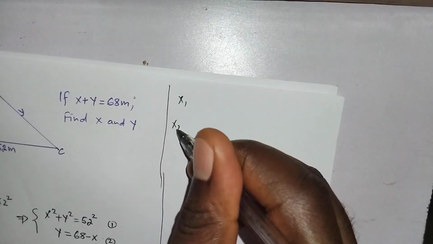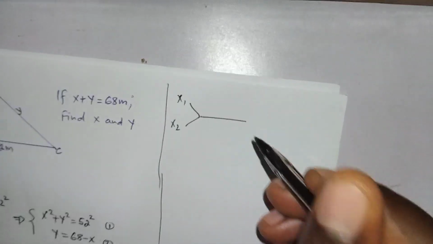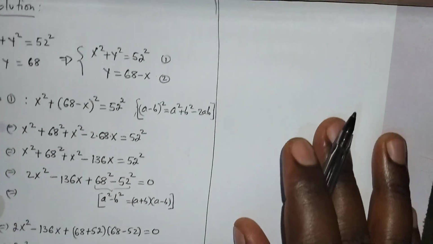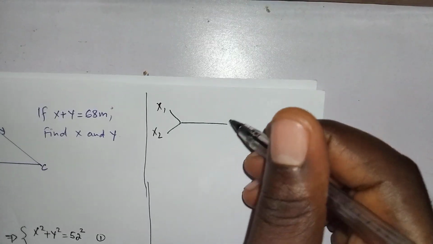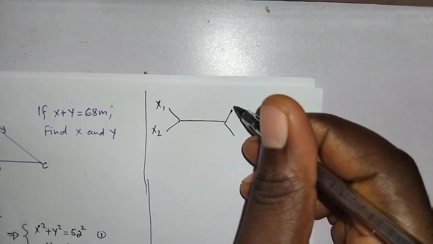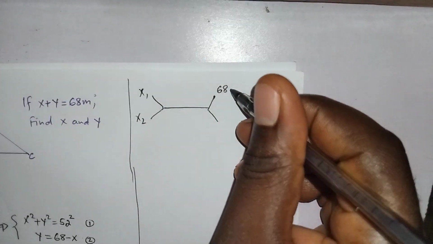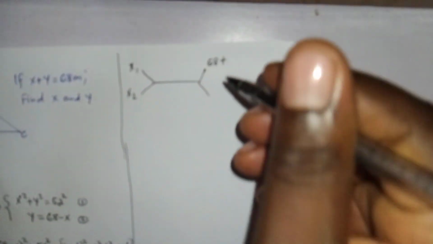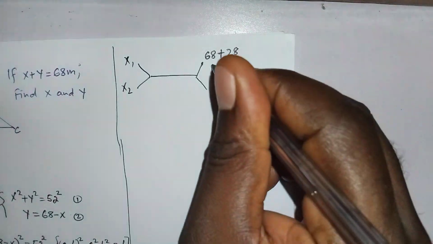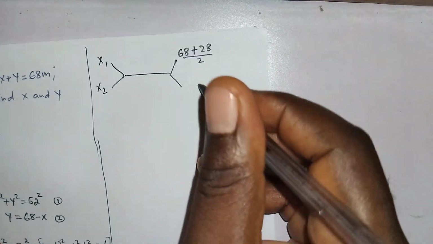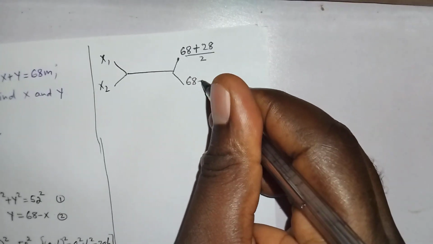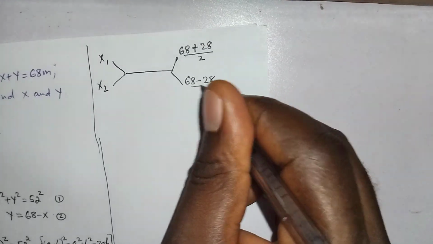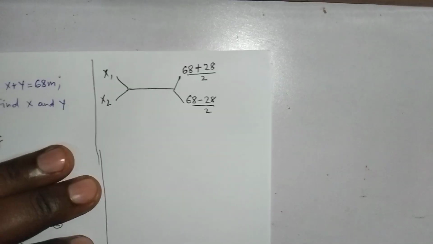X1 and x2: it is 68 plus square root of 784, which is 28, over 2. And x2 is 68 minus 28 over 2.